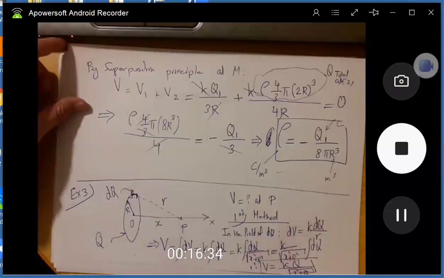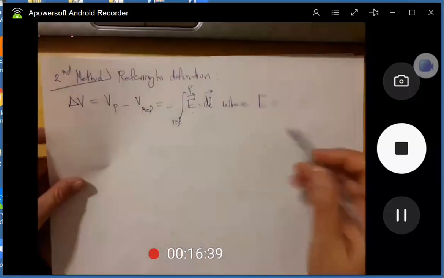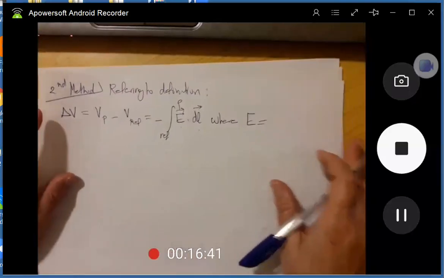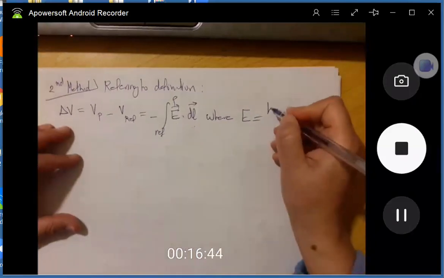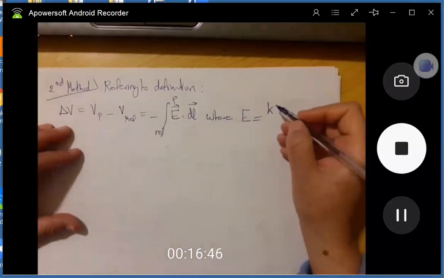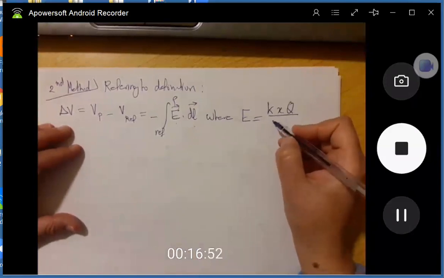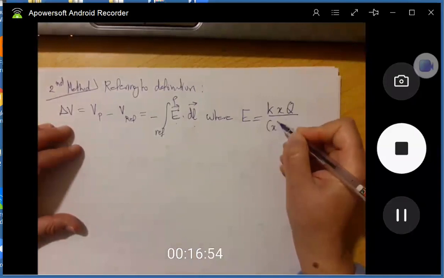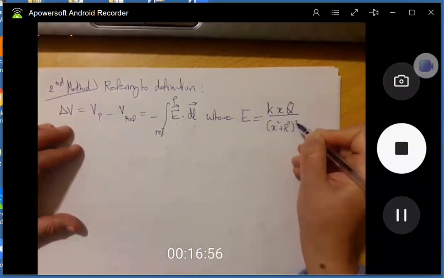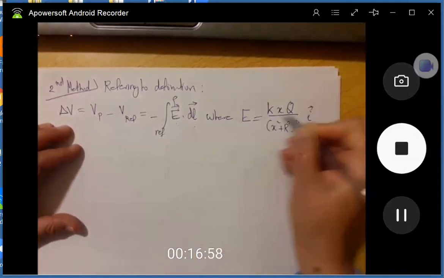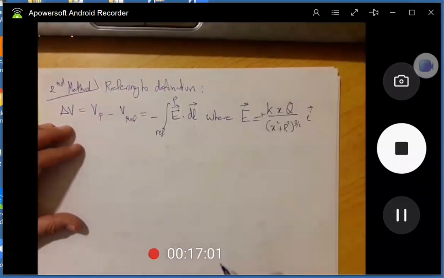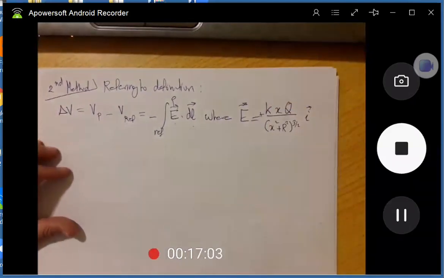So E is k x Q, where Q is the total charge of the ring, over x squared plus r squared to the power 3 over 2, with direction in the i direction.